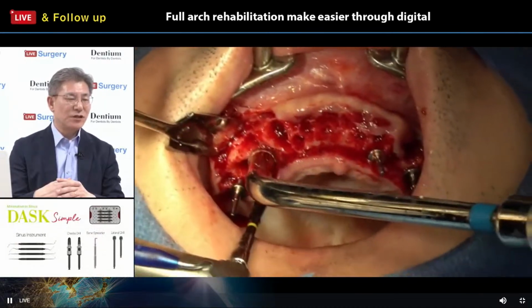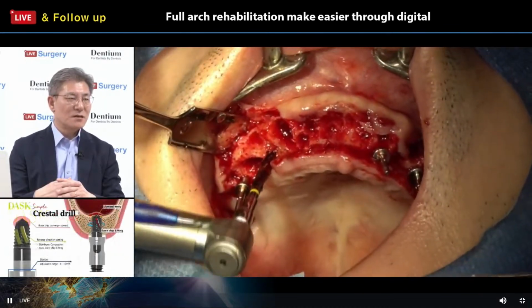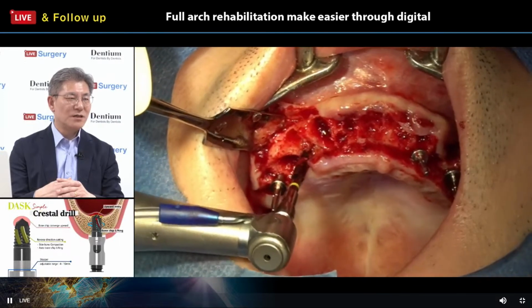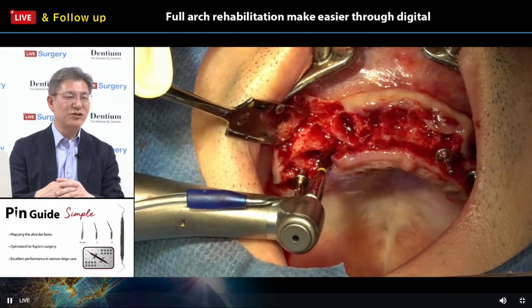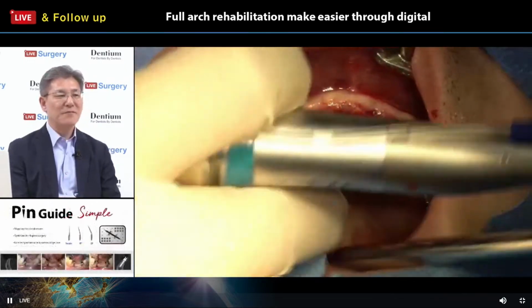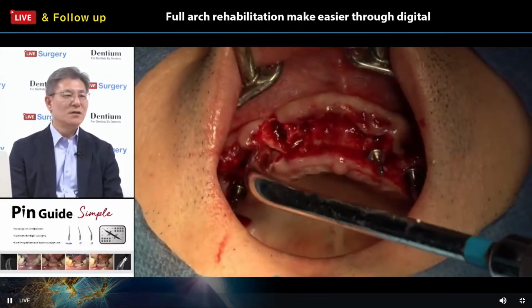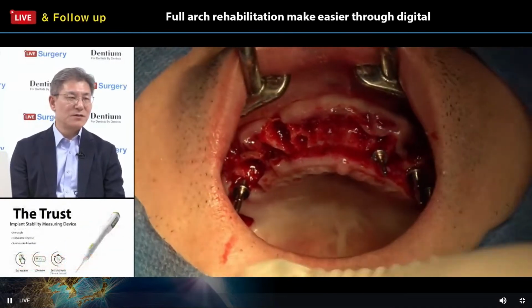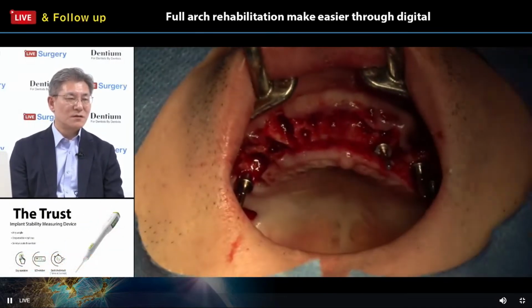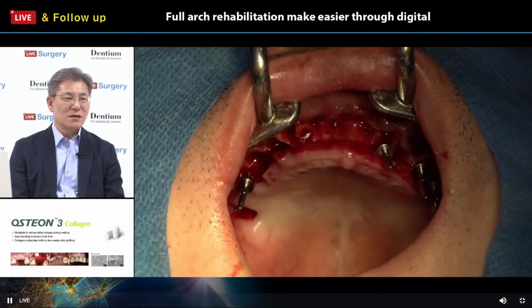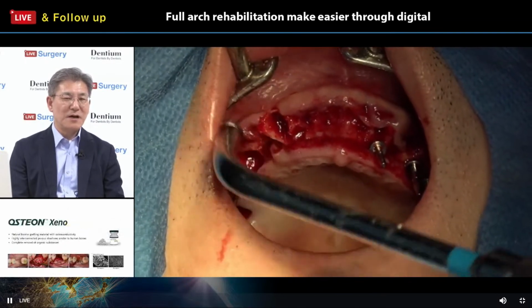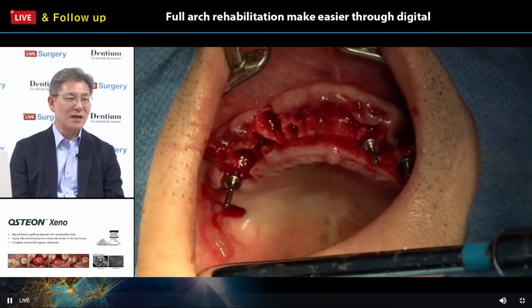For the final drill just before the installation, the yellow banding of the final drill means 3.5 diameter, and green means 4.0. For the anterior area, Dr. Chung planned a 3.5 diameter, 9 millimeter length.